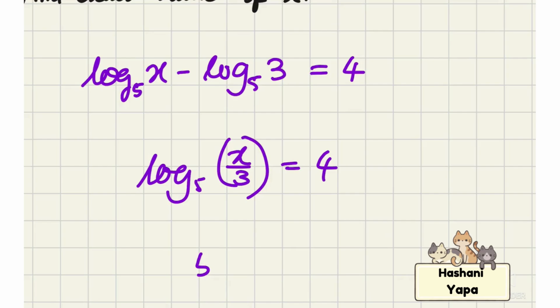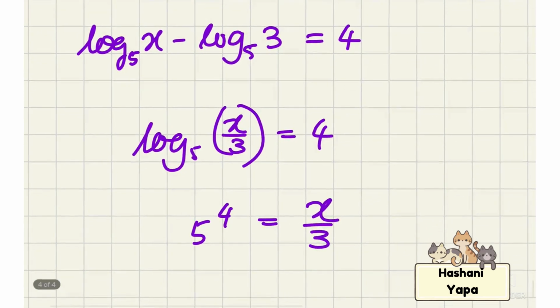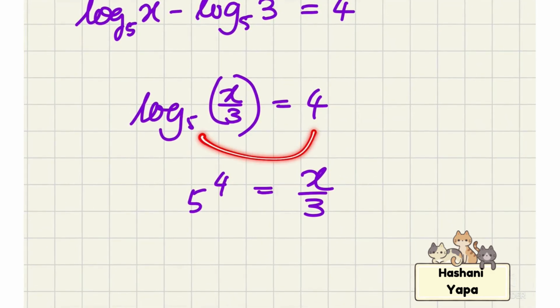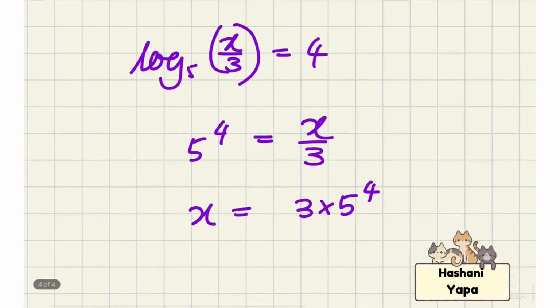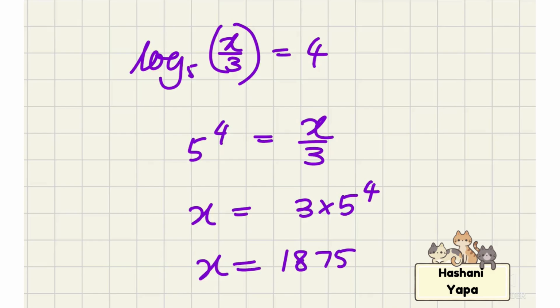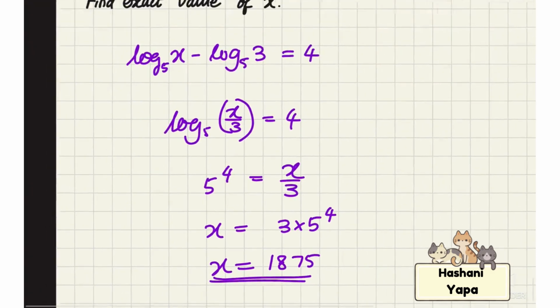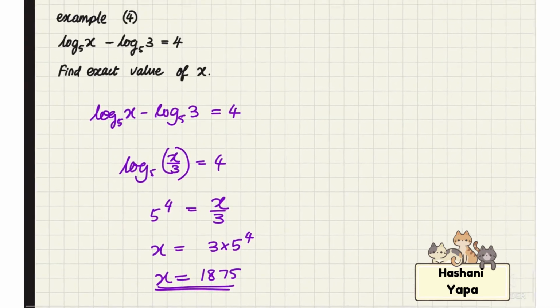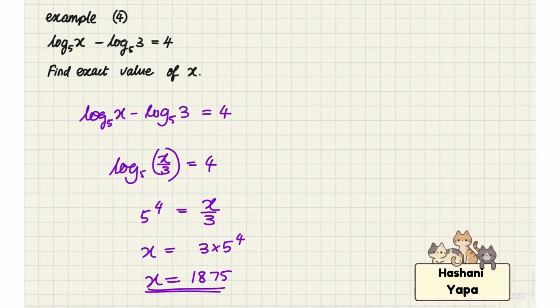You can say 5 to the power 4 equals x over 3. And you can say x equals 3 times 5 to the power 4, which is 1875. This is our example 4.